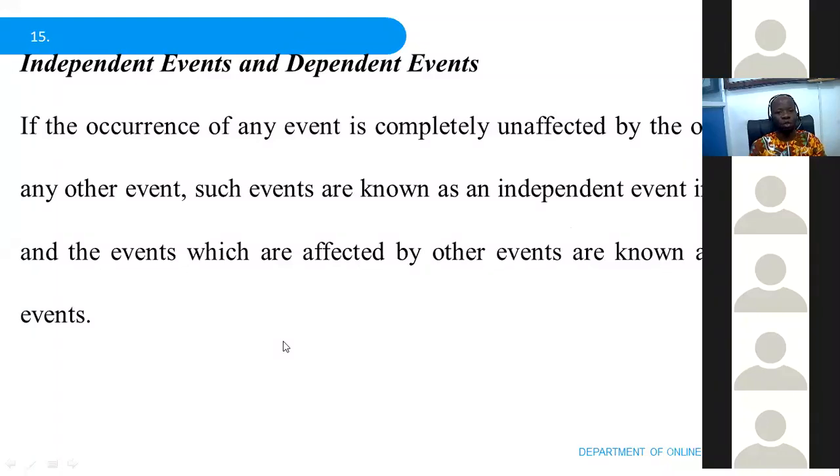But if you depend on something for you to progress, like you as an individual student, you are dependent because you are depending on your parent. Without your parent, you cannot come to school. So you are a dependent event. But you coming to school has nothing to do with another person also coming to school.